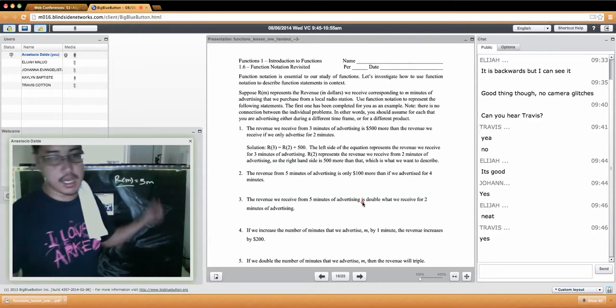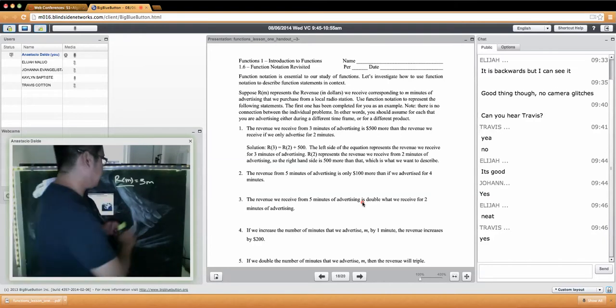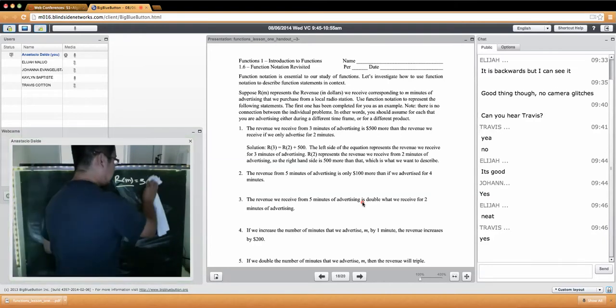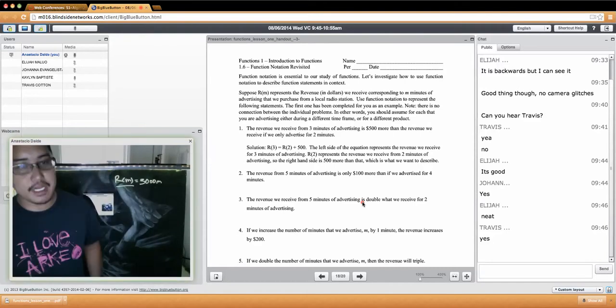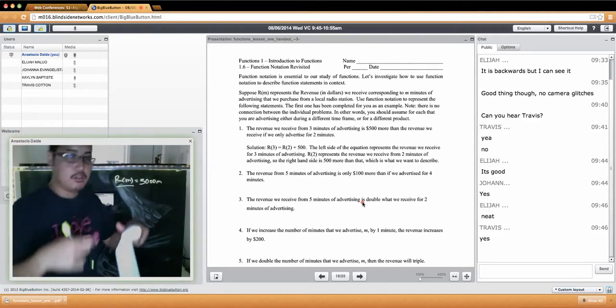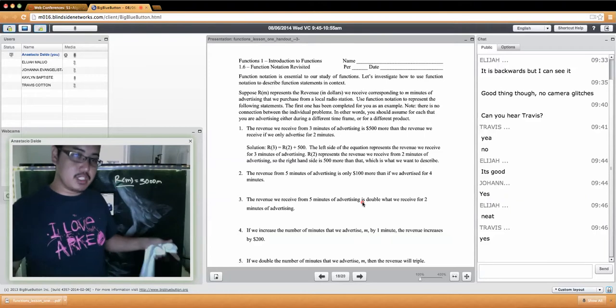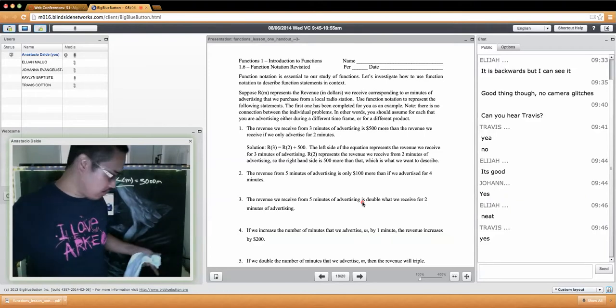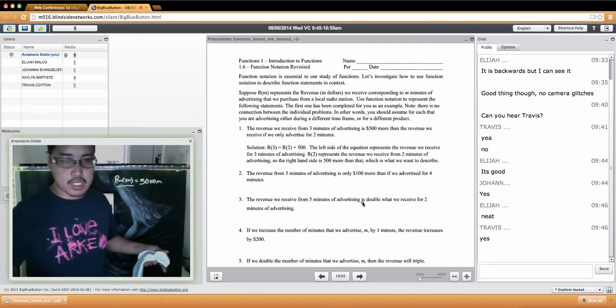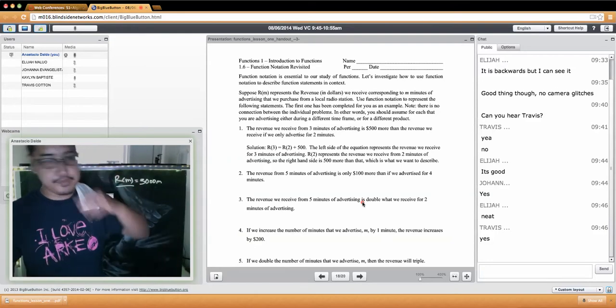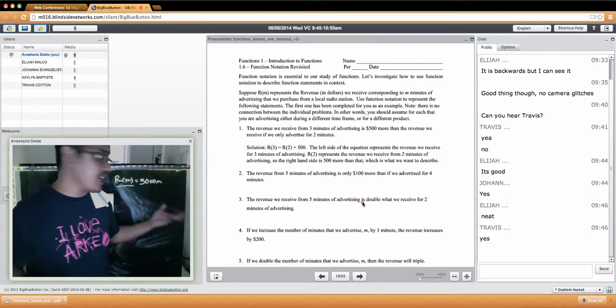Or let's make it 3,000 times M. So what that means is if you advertise for 1 minute during our program during the Super Bowl, you're going to get $3,000 back.